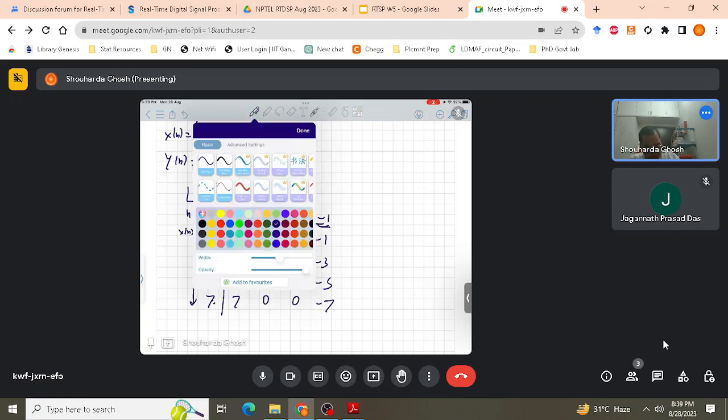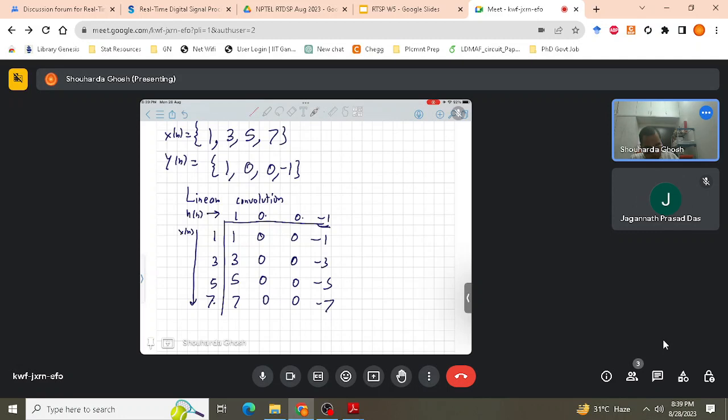Now what do I do? Now I draw boundaries, so it will be like triangular boundaries. First triangle will have only one element, 1 here. Second triangle will have these two over here, so I'll move like this. Then we will have another boundary like this, then move diagonally. We have moved diagonally.